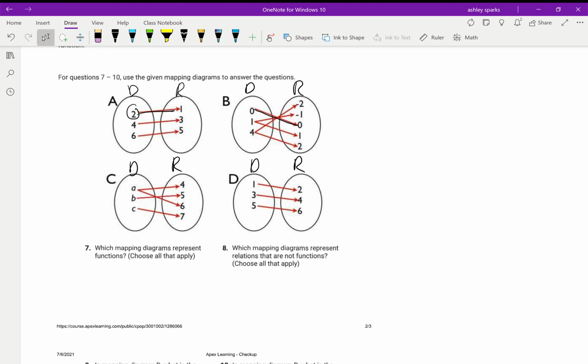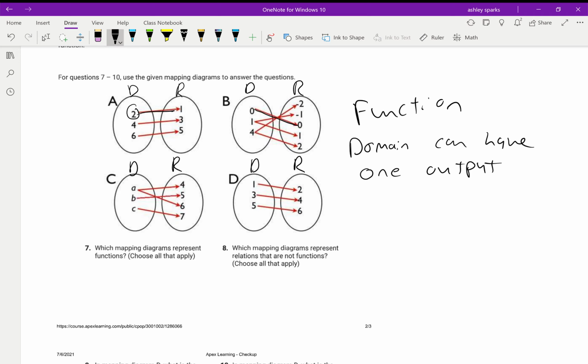And so we have some questions about these kinds of diagrams, which hopefully you've done the reading and make a little sense. Which mapping diagrams represent functions? So to be a function, your domain can have one output.